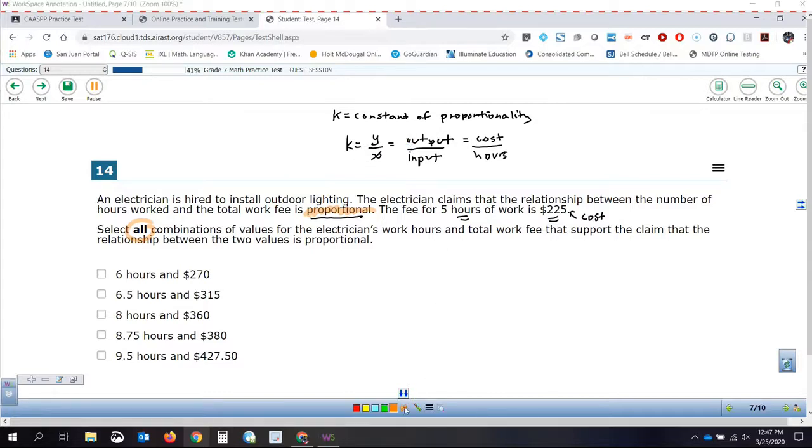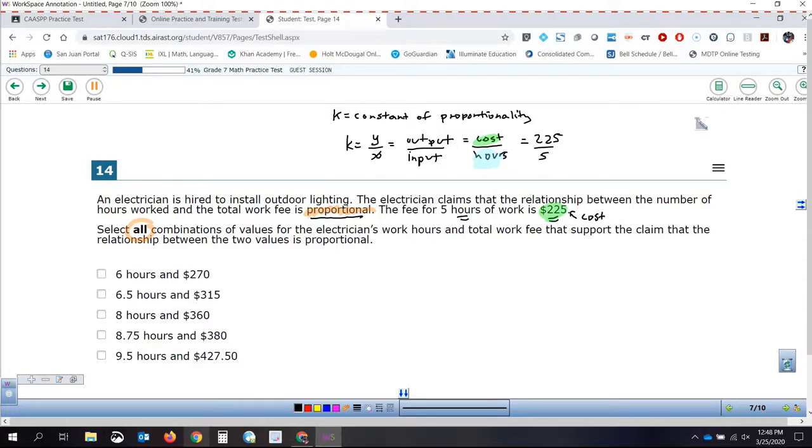So if we take a look at what they gave us right here, they've given us a cost of $225, and they've given us some hours that are 5. So I'm going to do 225 divided by 5.